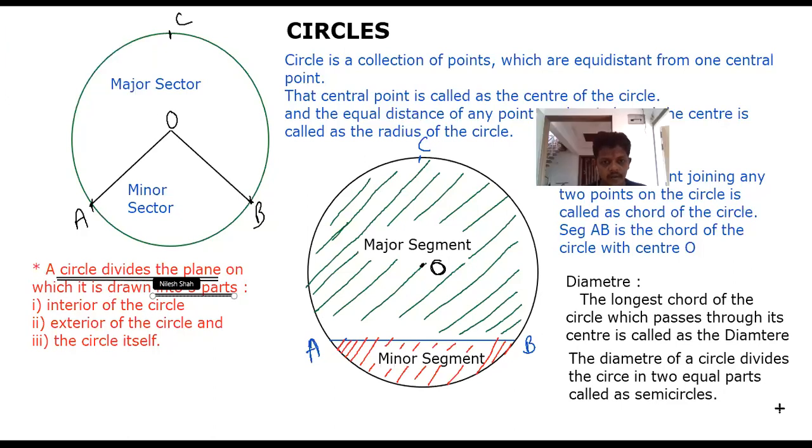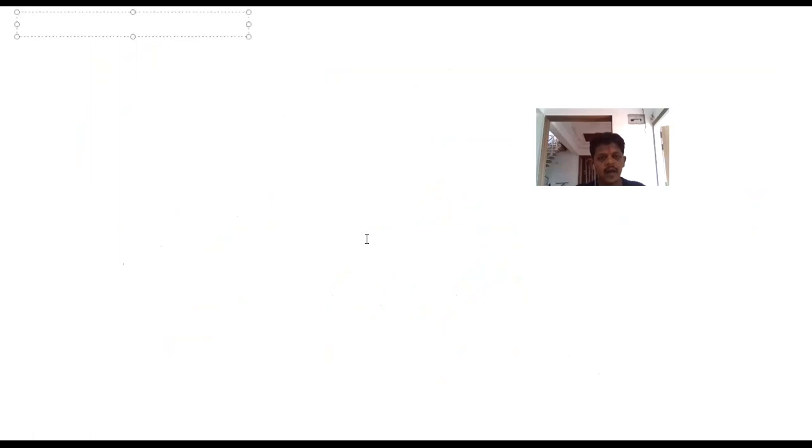Write down next. Arc of a circle. What is the arc of a circle? A part of a circle is called as arc of the circle. Any part of the circle is called as arc of the circle.